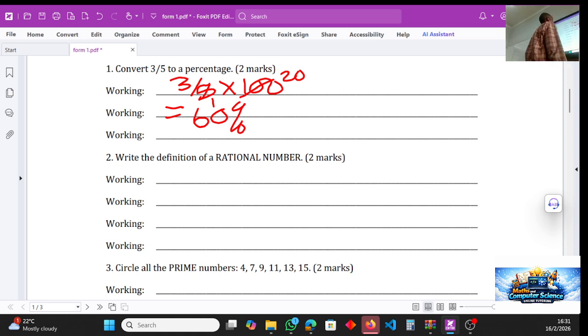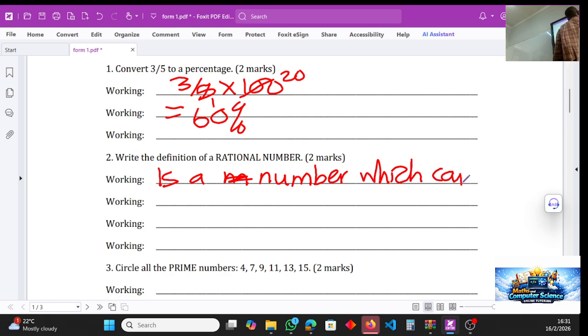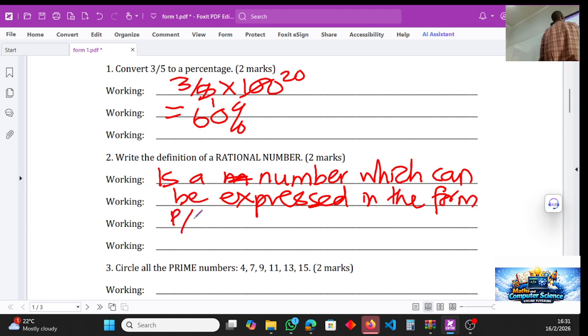Right, we are interested in defining a rational number. A rational number is a number which can be expressed in the form P over Q, where both P and Q are integers, and Q should not be equal to 0 because we are not allowed to divide by 0.